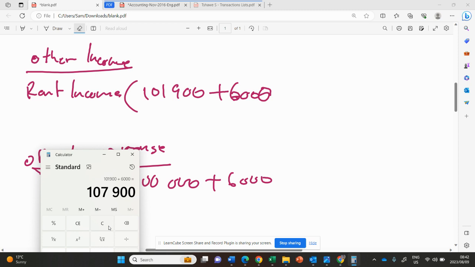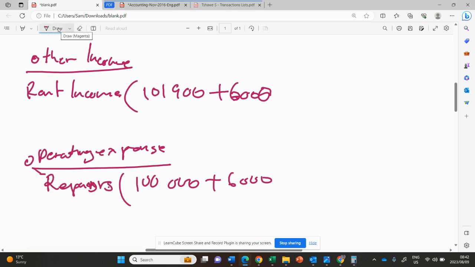So let's divide this by 13. Then we'll get 8,300. 8,300 is the income received in advance. So minus 8,300. Always with income received in advance, you subtract it, because it will be a liability.